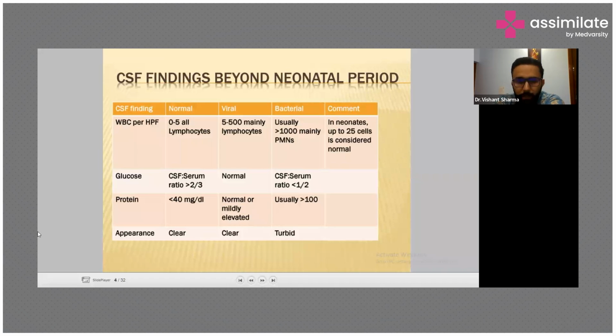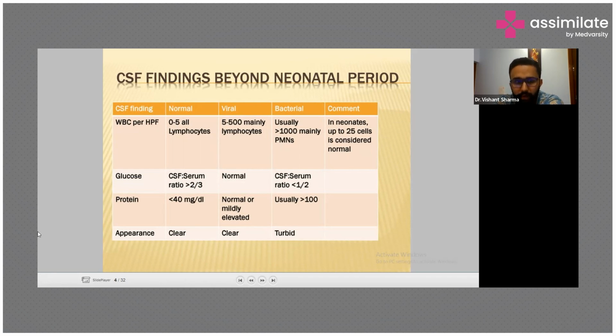PMNs, pleomorphic. And for the glucose, the normal CSF serum ratio is more than 2 by 3. In viral, it is normal, and in bacterial, it can be less than 1 by 2. The protein is mildly elevated in viral and is usually high in bacterial.